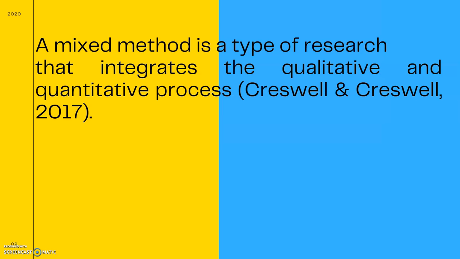There are different circumstances that would warrant a researcher to embark on a mixed method research design in his study. The nature of your problem would be the first to call for a mixed method type of research.